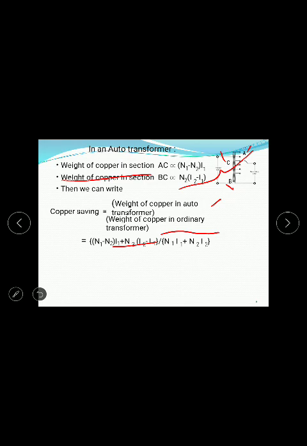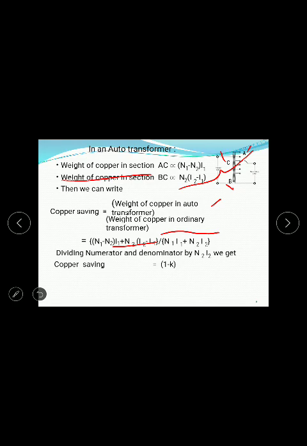Here dividing numerator and denominator by N2 I2.